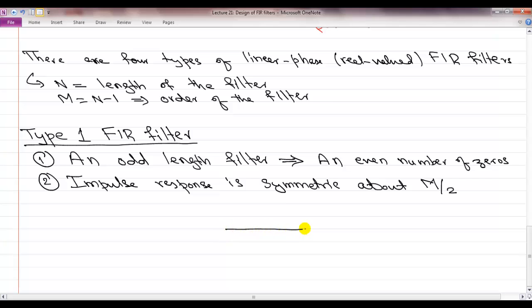If you look at the impulse response from 0, you go up to n minus 1, which is M, and you have M by 2. Because M is even, M by 2 is an integer itself. So this is going to be symmetric about this M by 2 region. For example, one of the shapes that you could see, I'm just drawing an envelope, will be a filter like this. Or it could be another symmetric shape, which we'll see later.